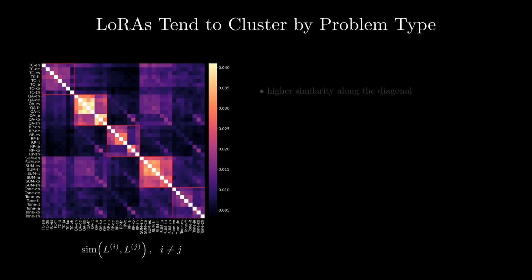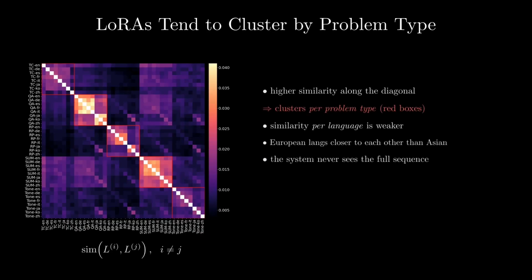The clear pattern is the strong blocks on the diagonal. LoRAs cluster by problem type. On the other hand, similarity by language is weaker. We can also see that European languages are closer to each other than Asian ones. Inside each block, the dimmer subregions are exactly the comparison between European and Asian languages. The first 5 languages are European, the last 3 are Asian.